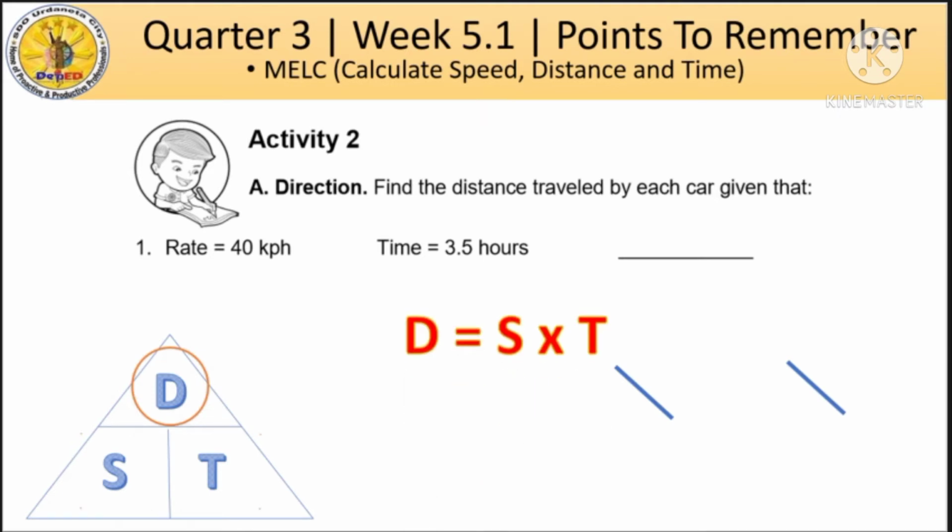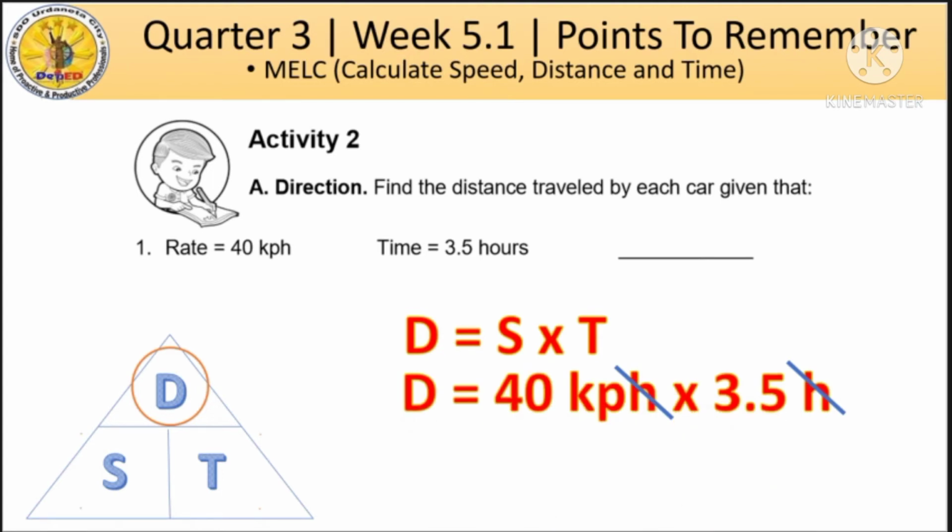So let's substitute speed by 40 kilometers per hour and time by 3.5 hours. Then 40 times 3.5 is equal to 140. Then let's cancel the unit hours in speed and time because we only need kilometers in distance. So our answer will be 140 kilometers.